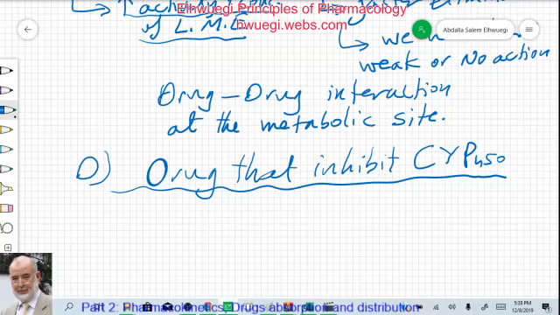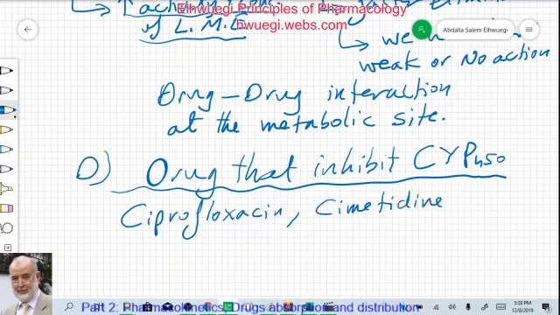For example, the antibiotic ciprofloxacin. This is a very famous antibiotic. Also cimetidine, which is a famous H2 blocker, and it inhibits liver microsomal enzyme.